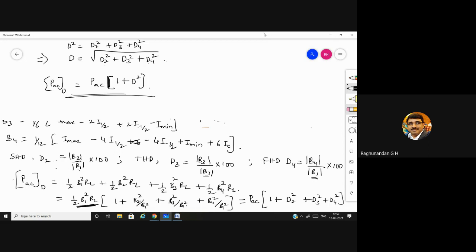So anyway, you can do it. So this is the equation for total power output for higher order harmonics. So this is the derivation. We'll stop it here.